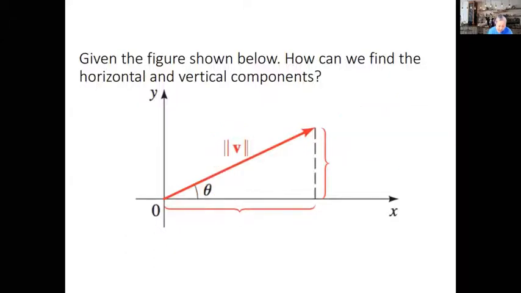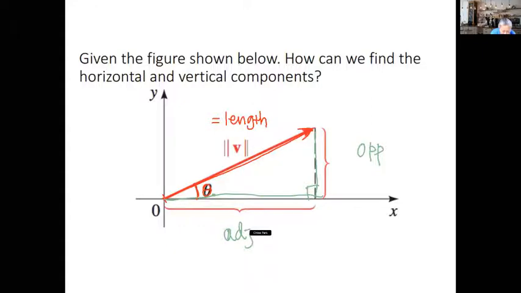The next slide is explaining how we can find it. Since the magnitude of the vector is nothing but the length of this vector here, and we know the angle here, right? Then we use the right triangle underneath, where this is opposite of the angle theta and this is adjacent, right?